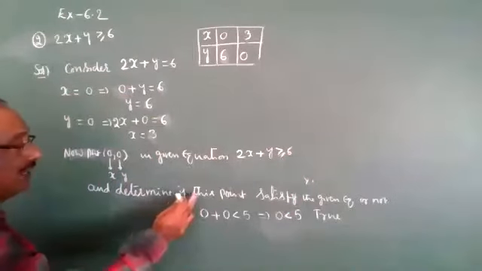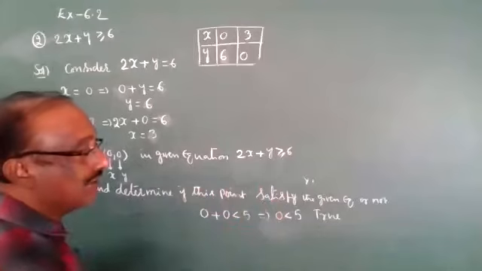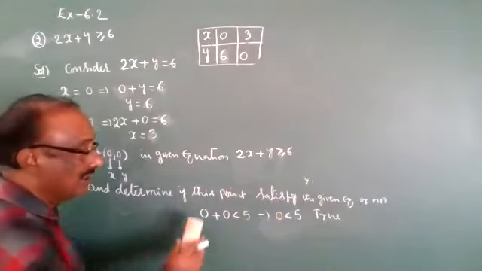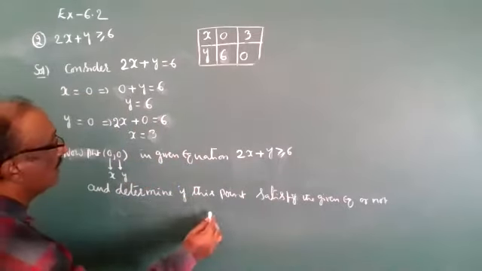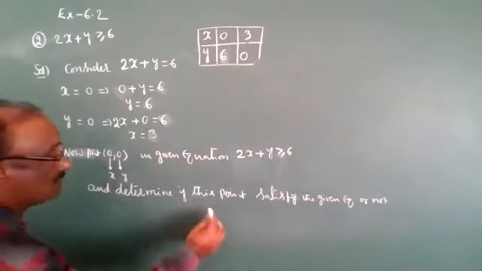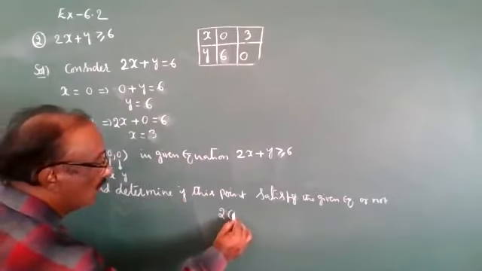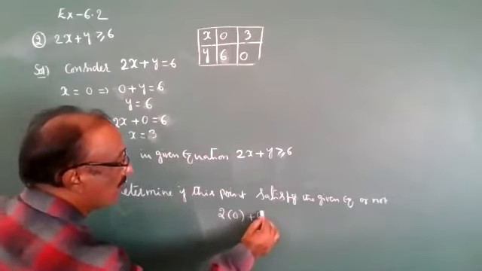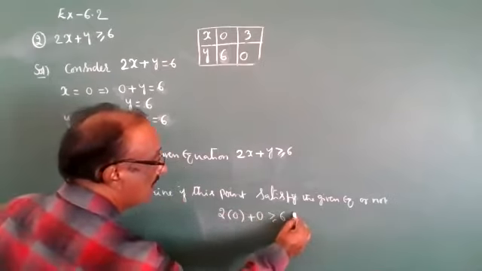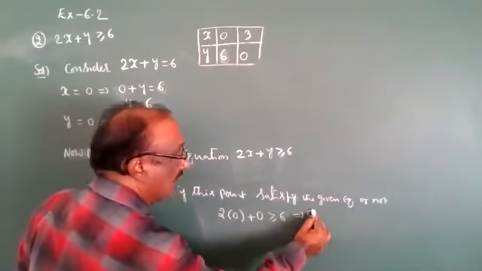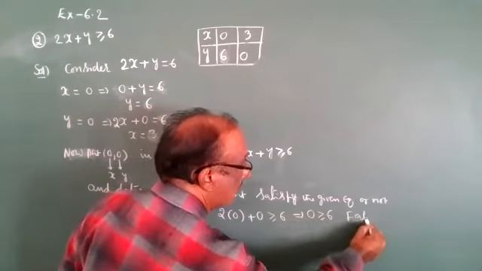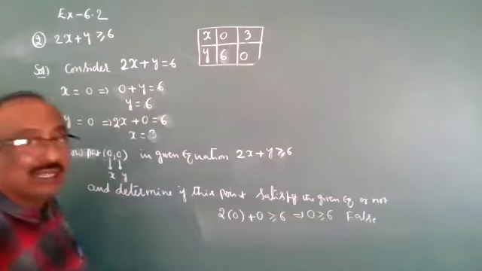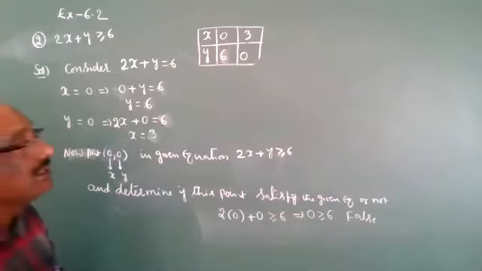Determine if this point satisfies the given equation or not. Substitute 0 0: 2 into 0 plus 0 is greater than or equal to 6. 0 is greater than or equal to 6 is false.